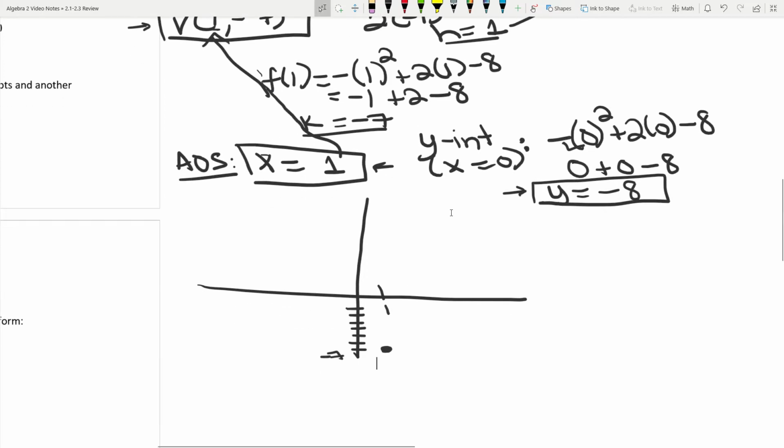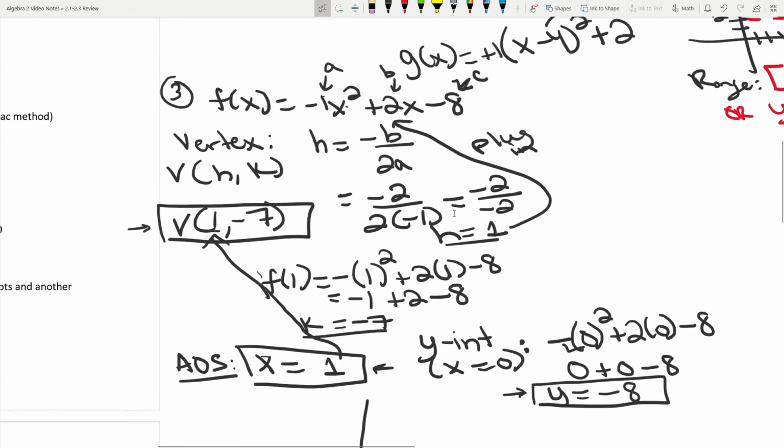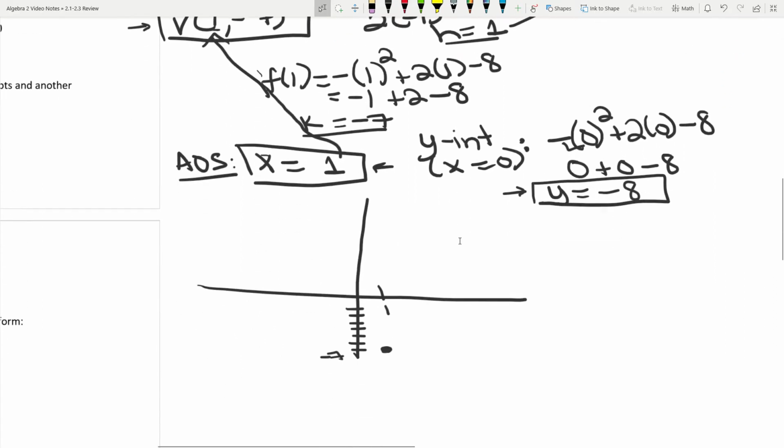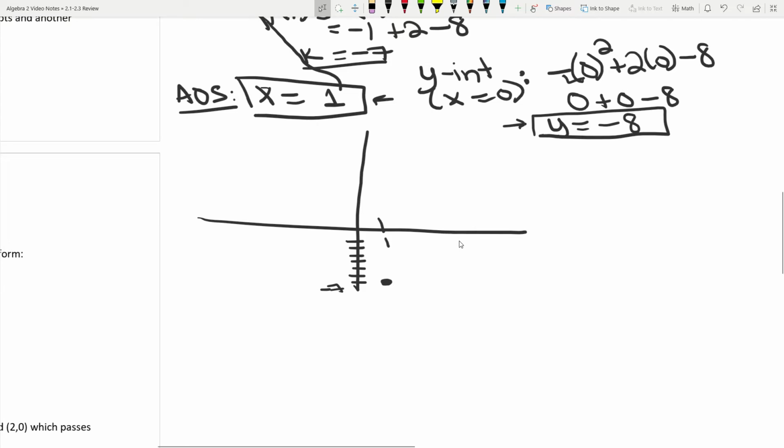And we know that the parabola is negative, right? So right here, we know that this is negative, which means it's going down like this. So we know the parabola opens downward. And also, we know that the axis of symmetry is x equals 1.